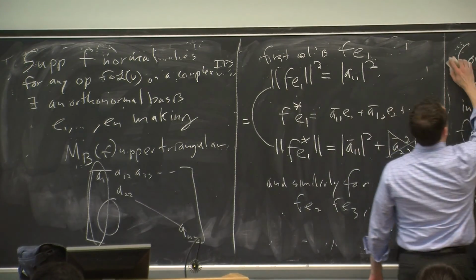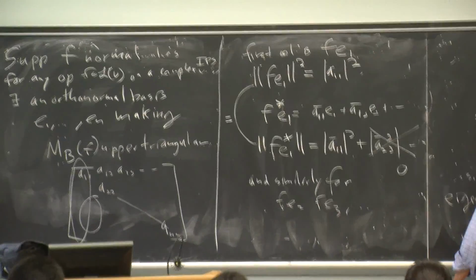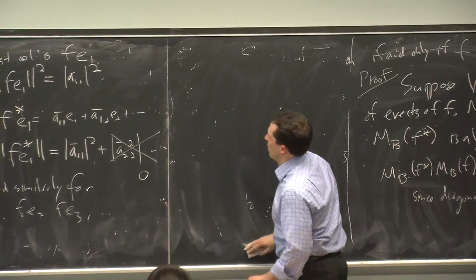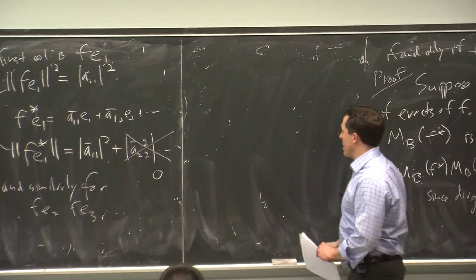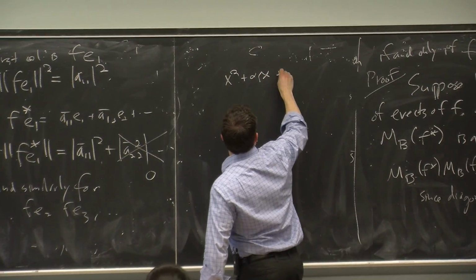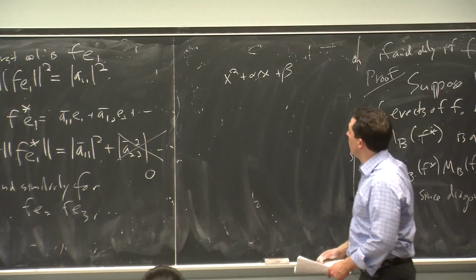I don't want to start the real spectral theorem now. That's the end of the complex spectral theorem. The next thing is the real spectral theorem. I just want to say a word about why it's going to be different. You won't be surprised to hear that it's because of these things, which are sometimes not solvable. Right?